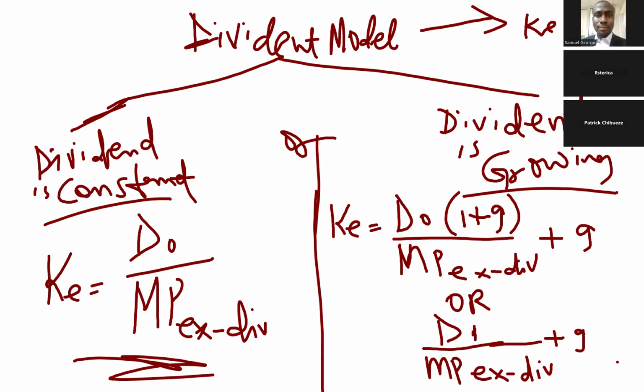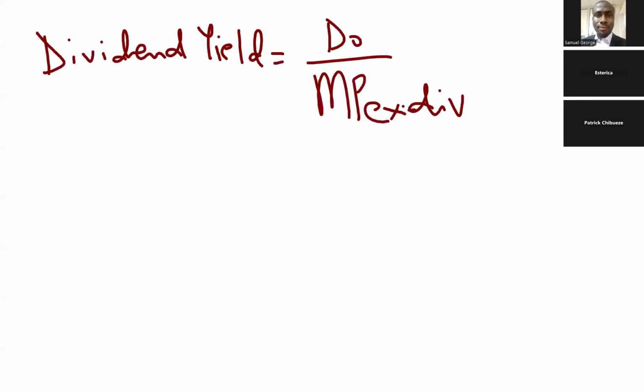But in my dividend yield formula, this D0 is present dividend, current dividend. So that's just the difference in the form. They look the same, but for the KE, we are looking at future dividend, and for this one, we are looking at present dividend.